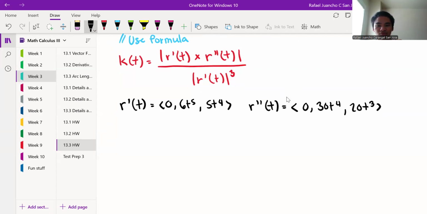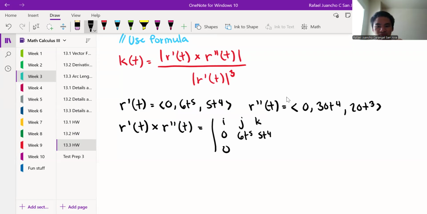Now we can find their cross product, or we can find the magnitude. Either is fine. Let's find the cross product. This is in terms of ijk, so we just plug everything in: 0, 6t to the 5th, 5t to the 4th, and 0, 30t to the 4th, 20t cubed.